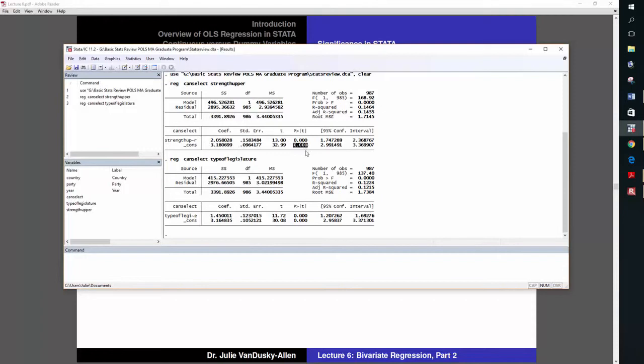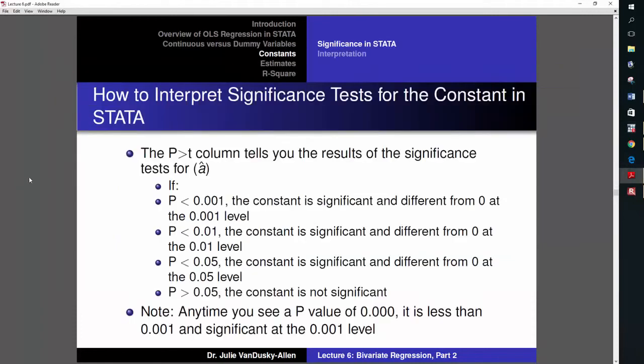The P is greater than T column tells you the results of the significance test. Find out what the P value is and then compare it to these rules. If P is less than 0.001, then the constant is significant and different from 0 at the 0.001 level. If not, move on to the next step.